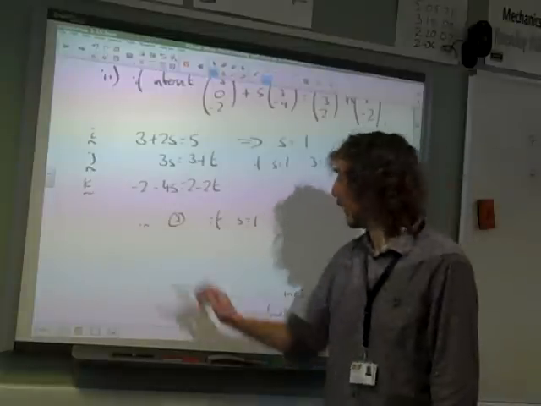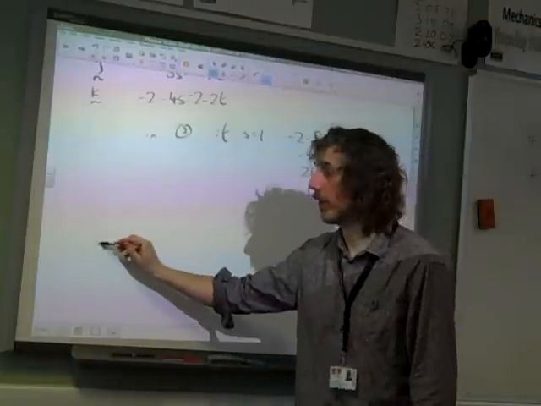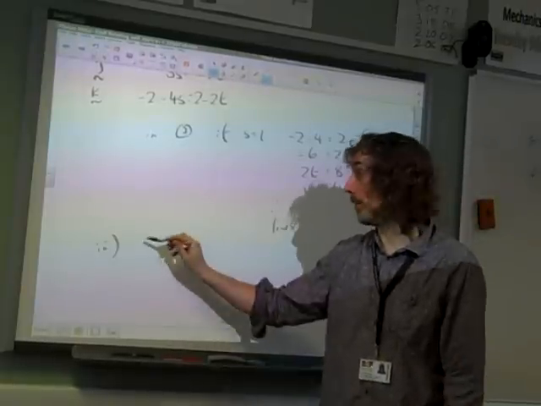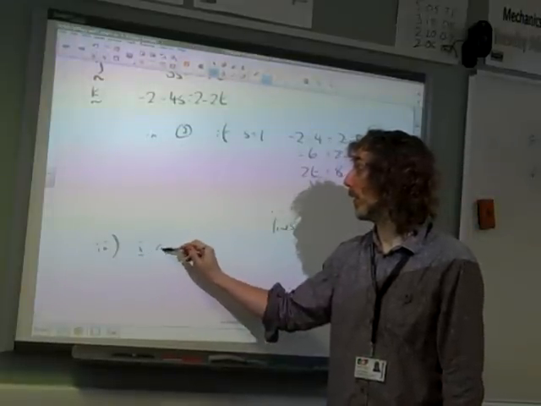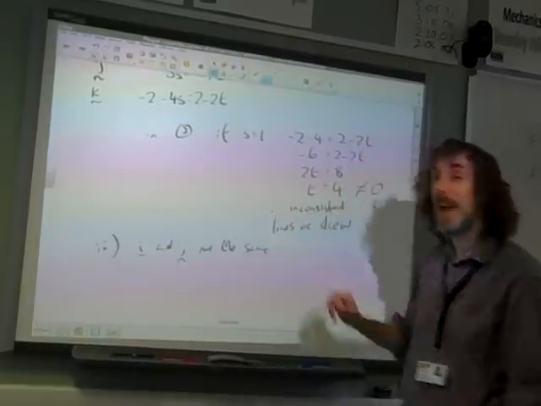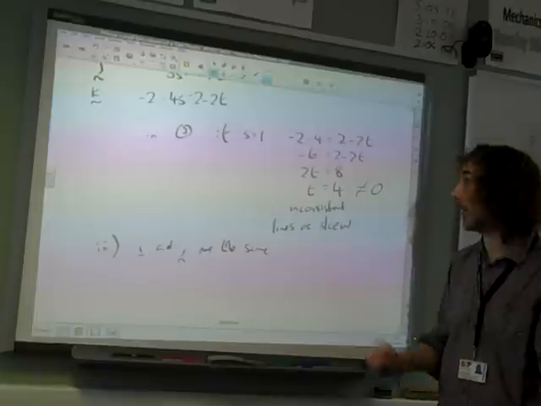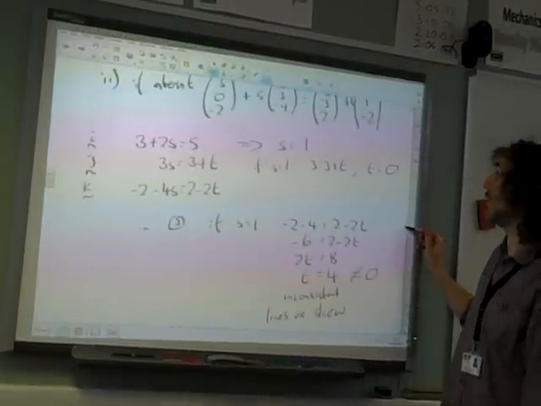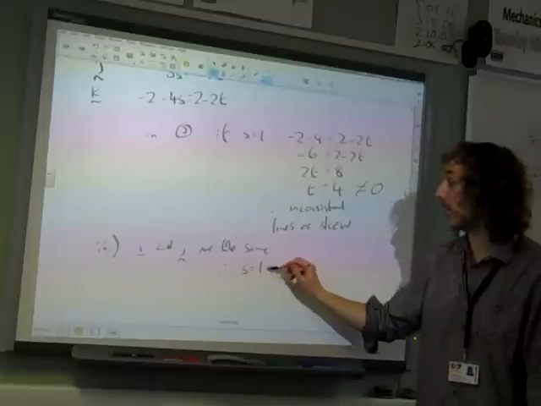So for this last part, the first 2 equations, the i and j equations, are the same. We had solutions that were s equals 1 and t equals 0.